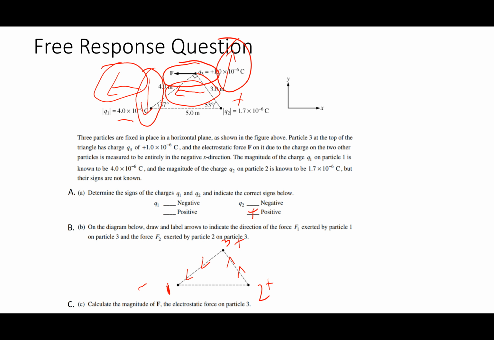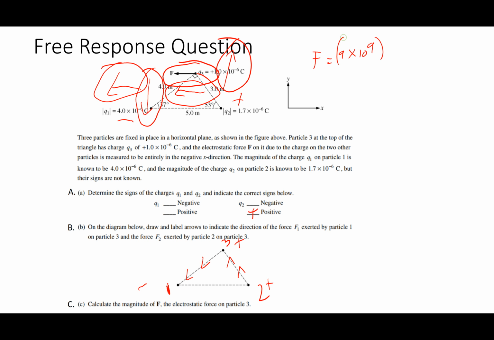Part C, we want to calculate the magnitude, F, of the electrostatic force on particle 3. To do that, we're going to have to calculate the Coulomb's force between particle 1 and particle 3, and also between particle 2 and 3. So for particle 1 and 3, we're going to say F equals k. I'm going to leave off the units just to make it not as messy.